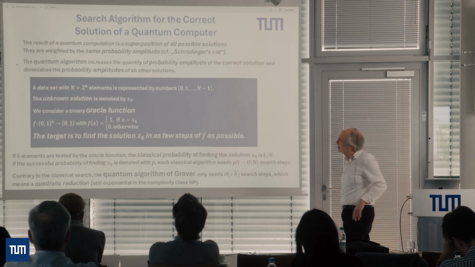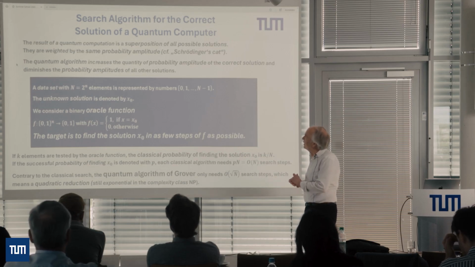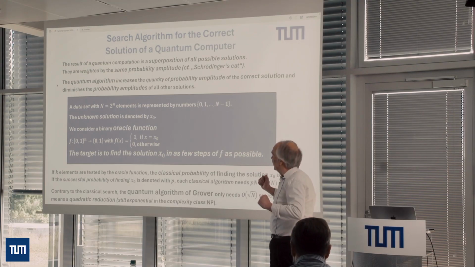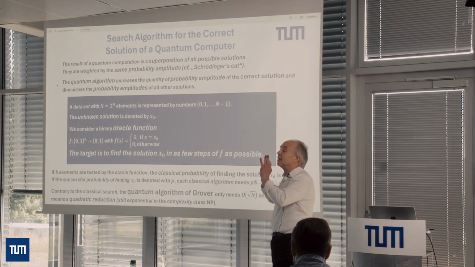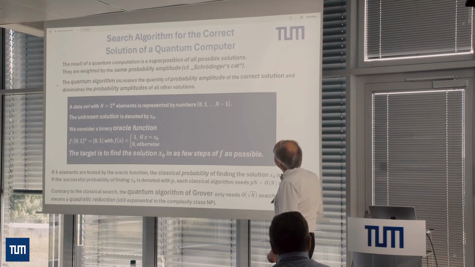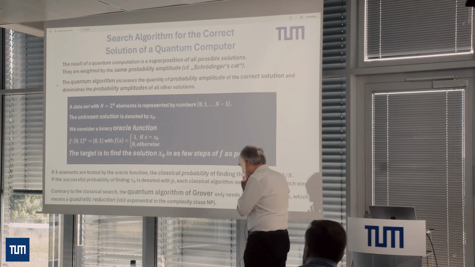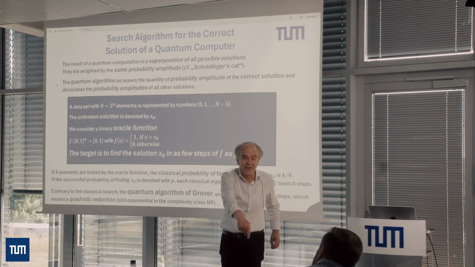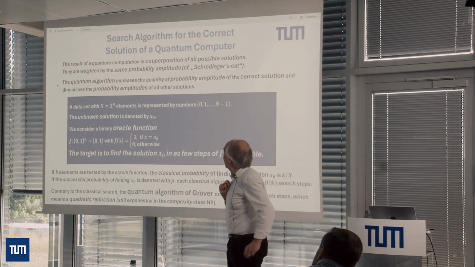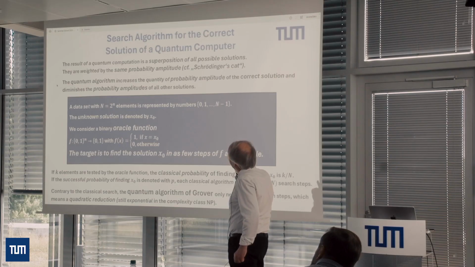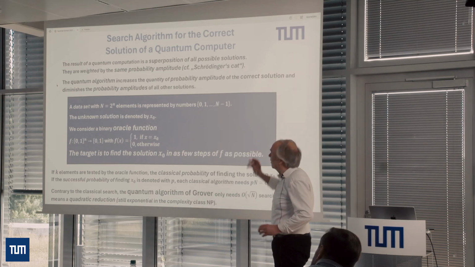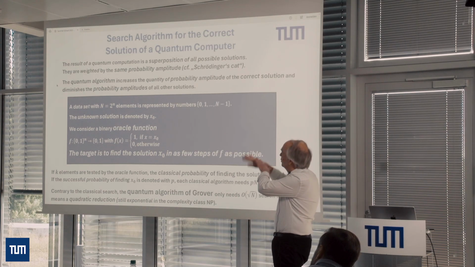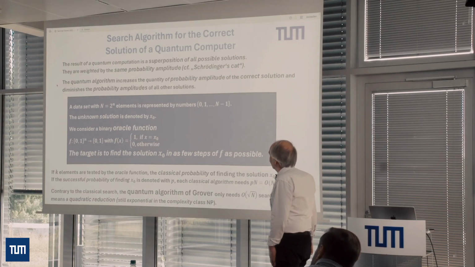That means the result of a quantum computation again is a superposition of all possible solutions, and that means in the Schrödinger interpretation they are weighted by the same probability amplitude, the wave interpretation. And now the task is to find an algorithm in the superposition of the correct solution. And that means the quantum algorithm here must increase the quantity of probability amplitude of the correct solution and diminish the probability amplitude of all others.